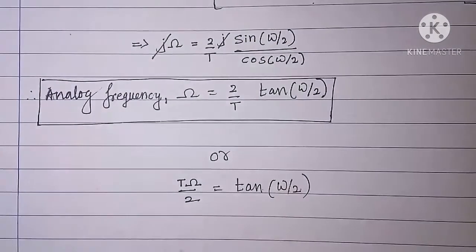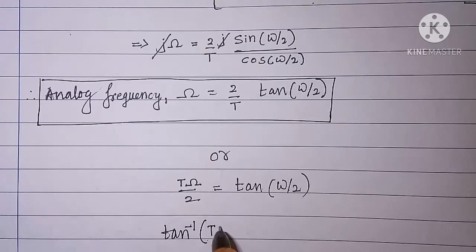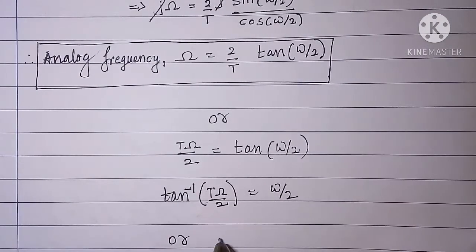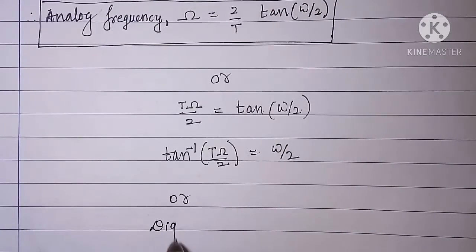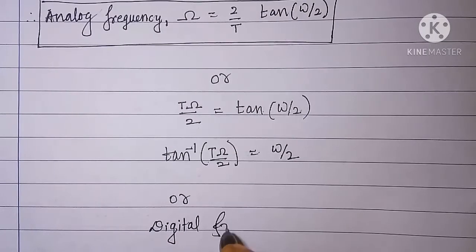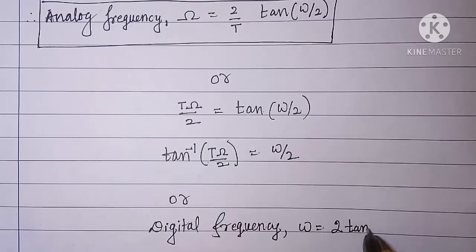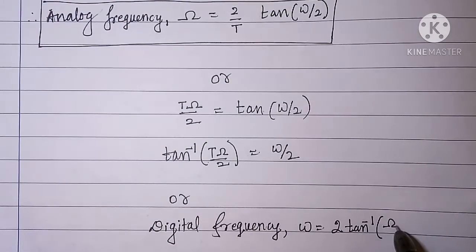Taking tan inverse on both sides, we get tan inverse of T omega by 2 is equal to omega by 2, or digital frequency omega is equal to 2 into tan inverse of omega into capital T by 2.